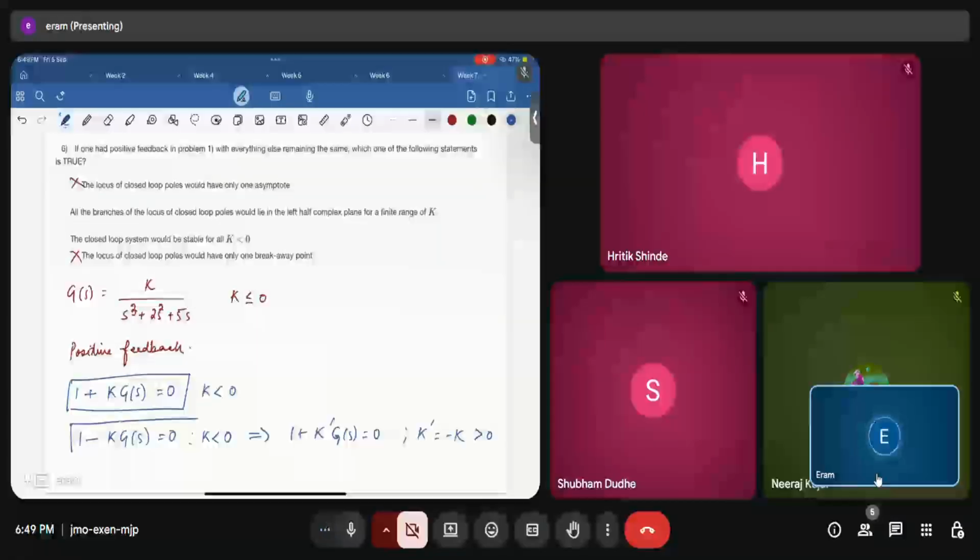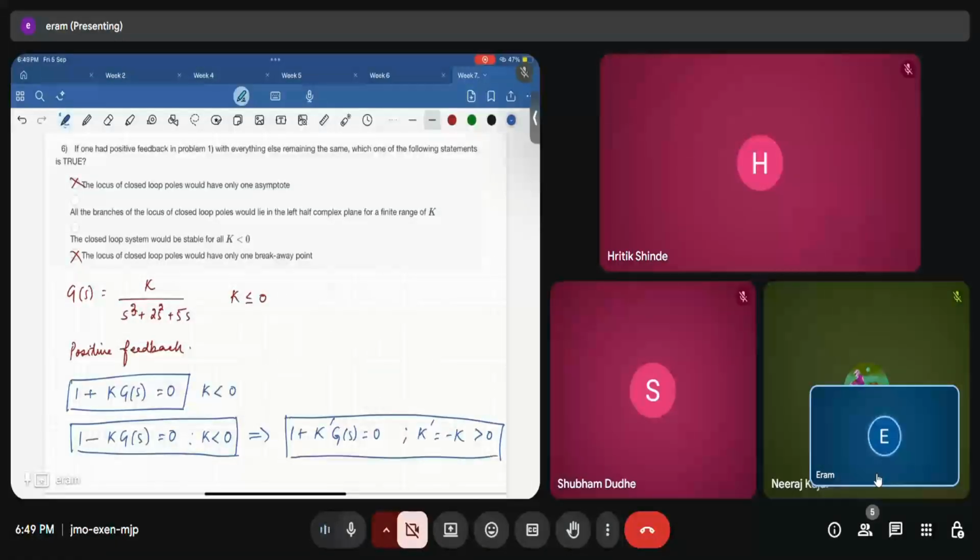Can we write this thing as this one? Are they equivalent? We have positive feedback, so our characteristic equation changes like this: 1 minus k G(s) equals 0, and k was negative, right? So instead of k, we have put k dash and we have changed the sign to plus, and this k dash is nothing but minus of k.